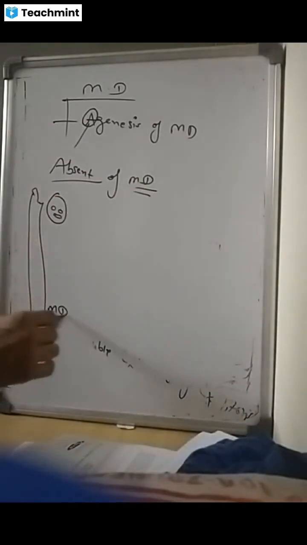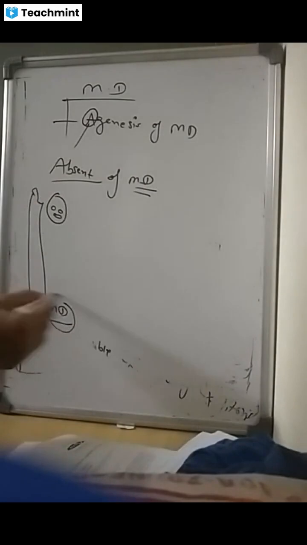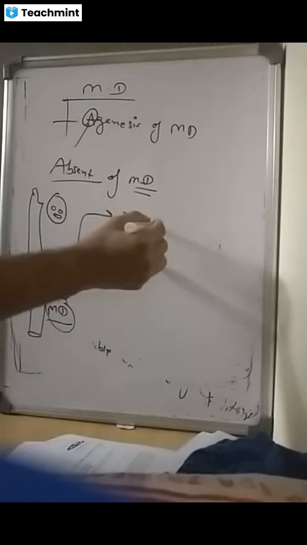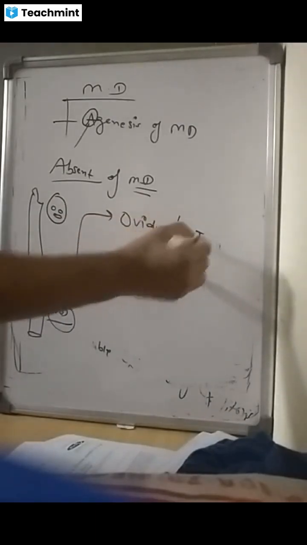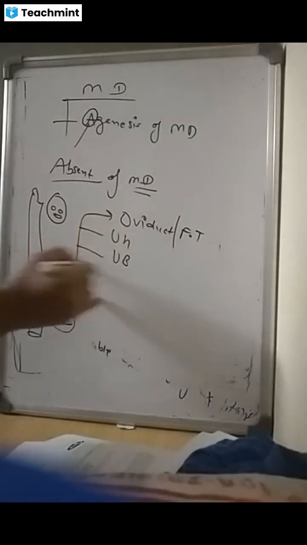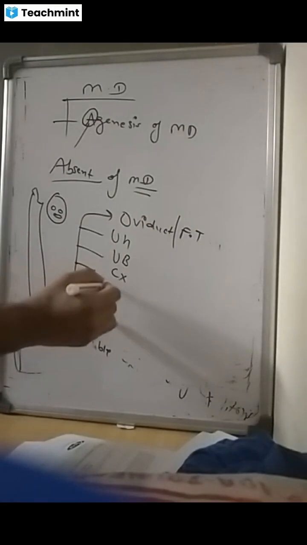Agenesis is the absence of this Mullerian duct primordium. The derivatives of the Mullerian duct are the oviduct or uterine tube, second the uterine horn, third the uterine body, cervix, and cranial vagina.